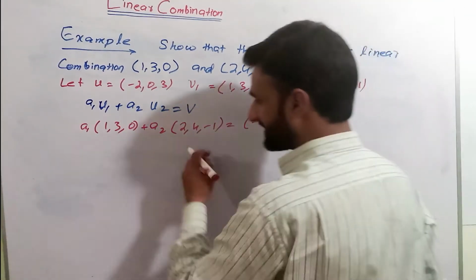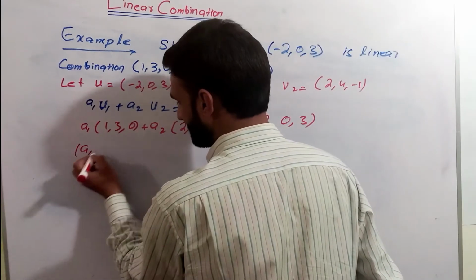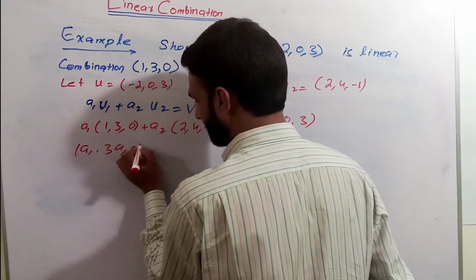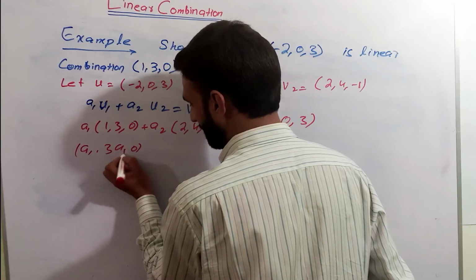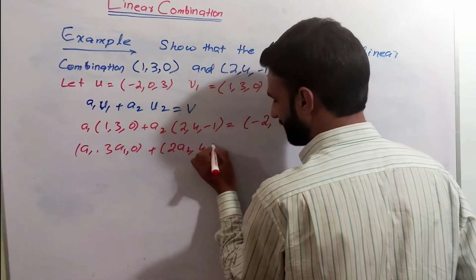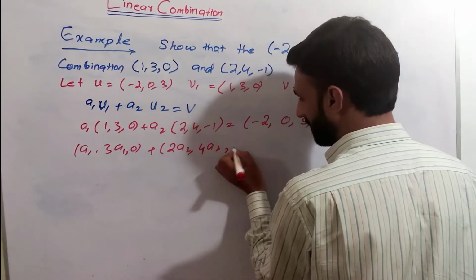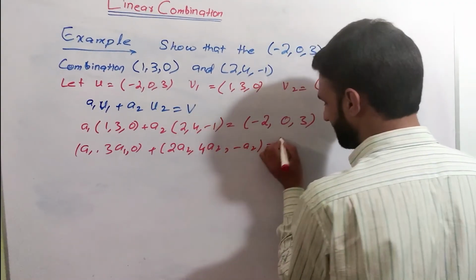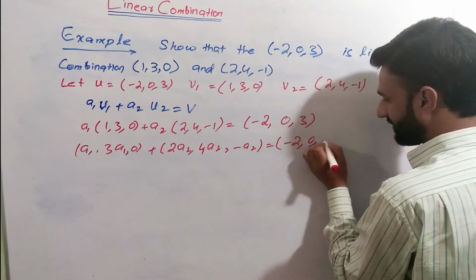First multiply these values: a1, 3a1, 0, plus 2a2, 4a2, minus a2, is equal to minus 2, 0, 3.